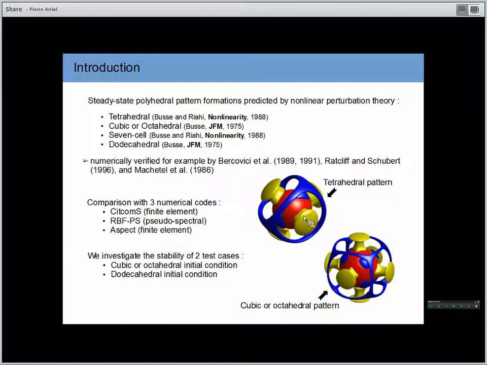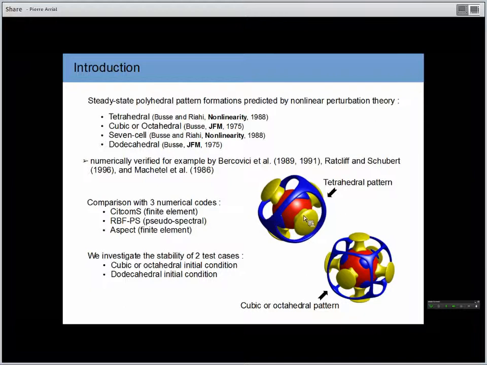It is a location where the fluid is upwelling, going upward in the mantle. The blue isosurfaces are negative residual temperature, the regions where the temperature is lower than the average, so the fluid is going downward into the mantle, and the red sphere in the center is just the core.